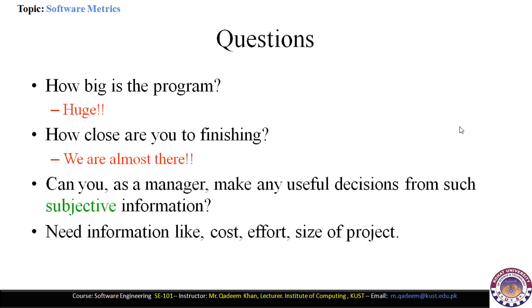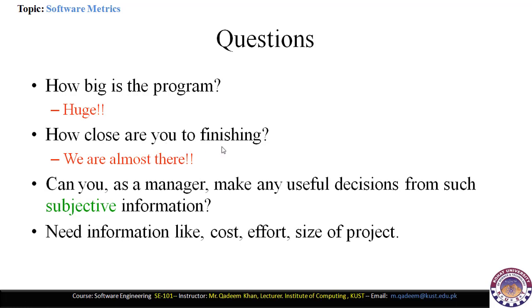Now the question arises: how big is the program? For example, we have the code of a program or a project. Then how can we specify that this is big or small? We can often say that this is a huge program. And also we have a question: how close are you to finishing the project?